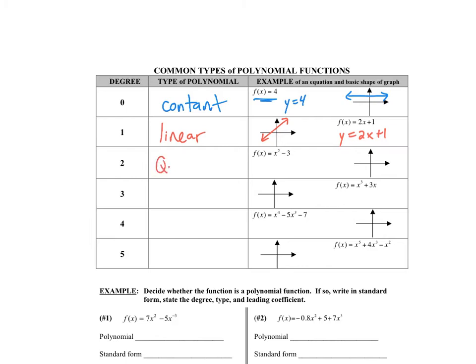When the degree is 2, that's called a quadratic. So y equals x squared minus 3, and a quadratic will be a U-shaped graph. It could be a U-shape going up, it could be opening down, but quadratic is when the degree is 2, so the biggest exponent is the second power, x squared.